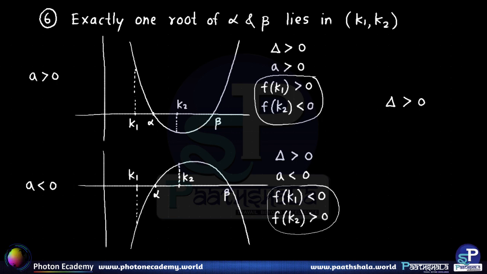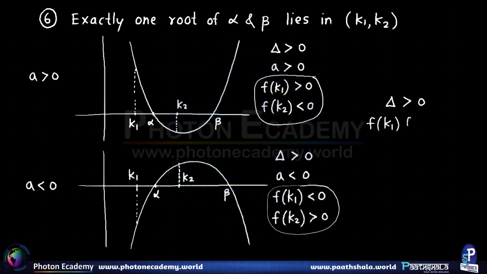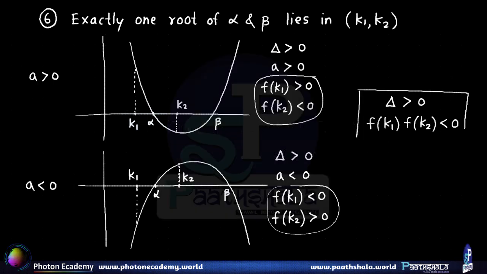So therefore it's not needed to take into account whether a is positive or negative, because we can have the single condition that the product of f of k1 and f of k2 has to be negative. That means they are of opposite signs. So definitely one of the roots will be contained between k1 and k2. So this is the only set of conditions for exactly one root to be contained in the interval k1 to k2.